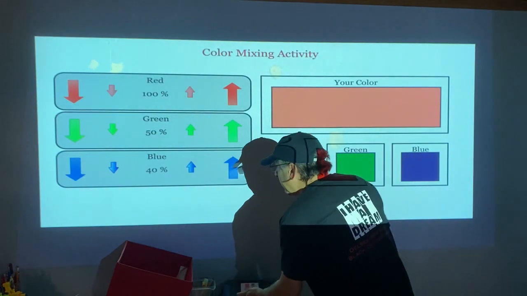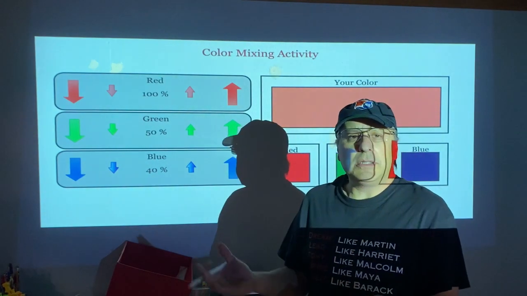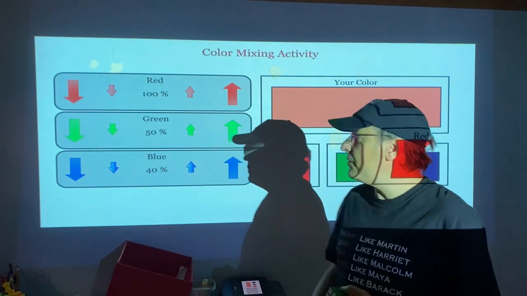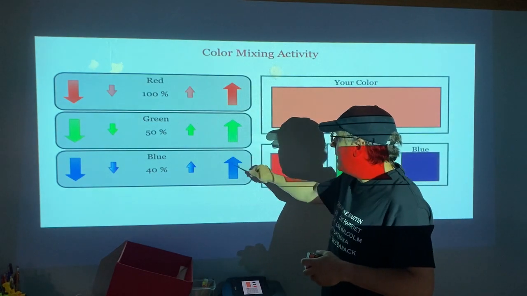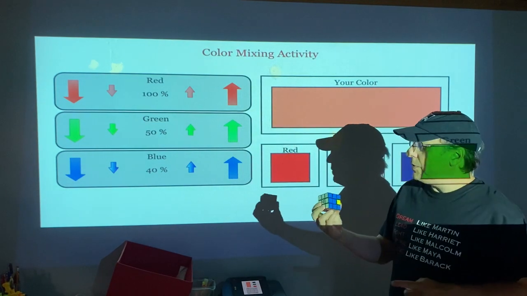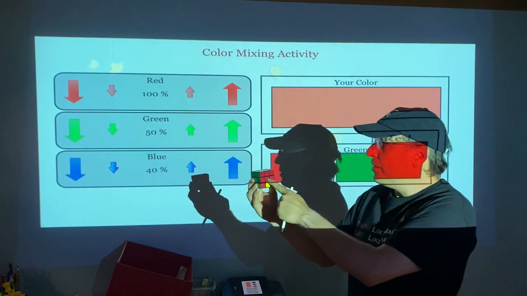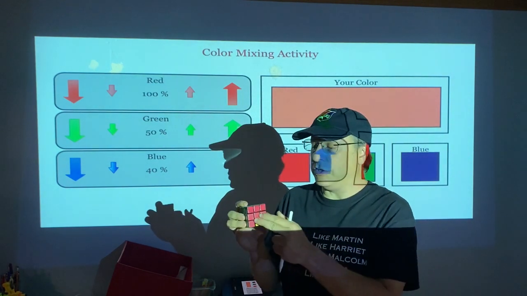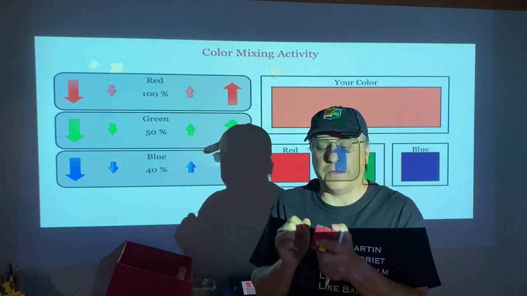Okay, it turns out that you can make all kinds of different colors, millions upon millions of different shades of color, by adjusting how strong the red, the green, and the blue is. So if you were to look at a Rubik's Cube and you look at the red side, it is going to have just low frequency light bouncing off of it.